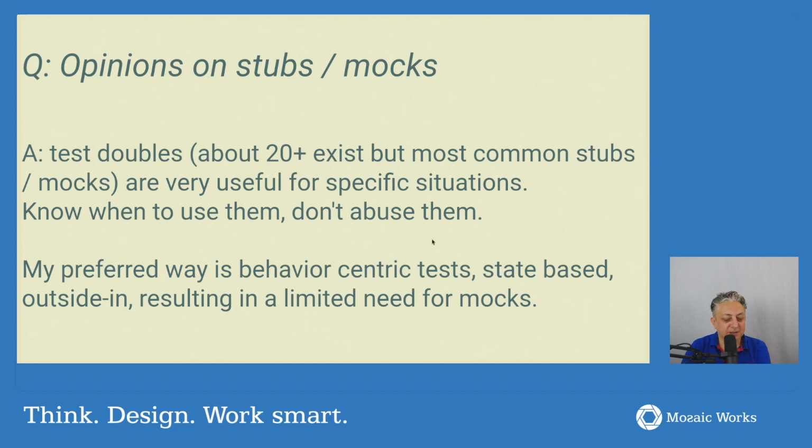Stubs are very useful for replicating situations that are difficult to replicate. For example, how do you test for the leap year, for 29 February 2024, by the way? Next year, leap year, make sure you test your code. How do you test for that? Well, there's an easy way.